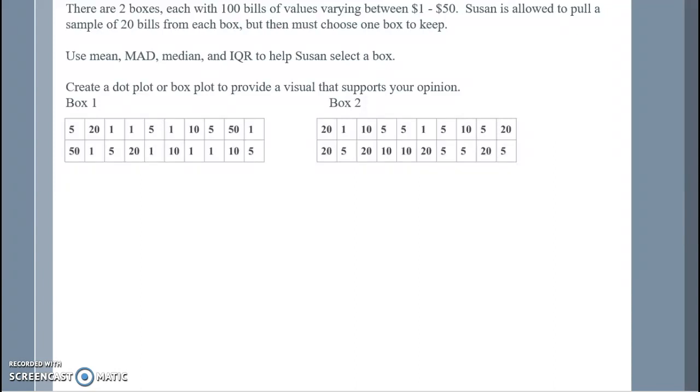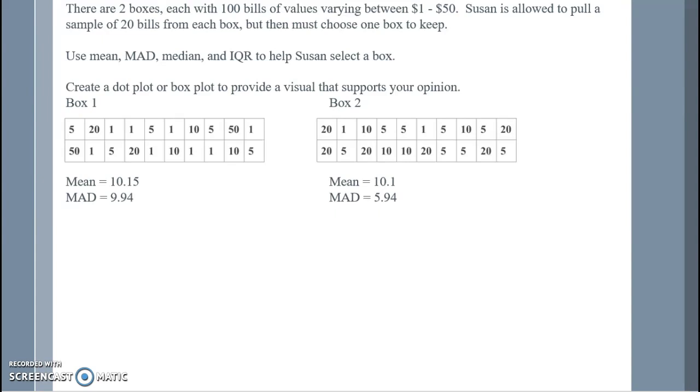So I have our boxes laid out. The mean, or the average, of each box from the bills that I pulled out were 10.15 and 10.1. Very similar. So let's move on to the MAD. The MAD for each one is 9.94 and 5.94.